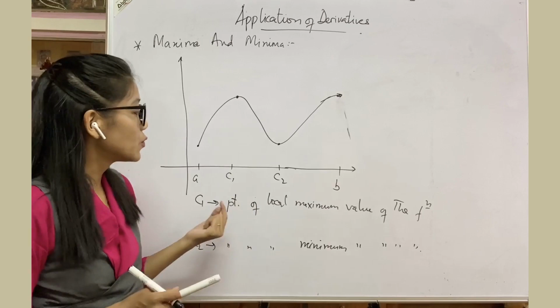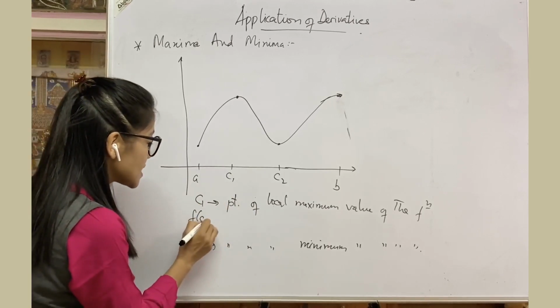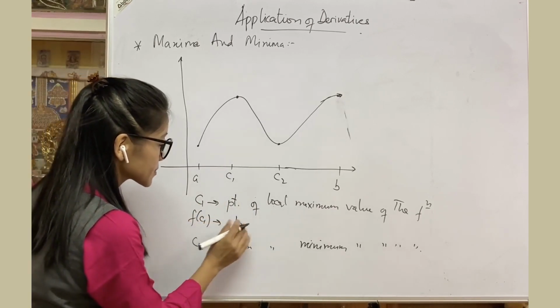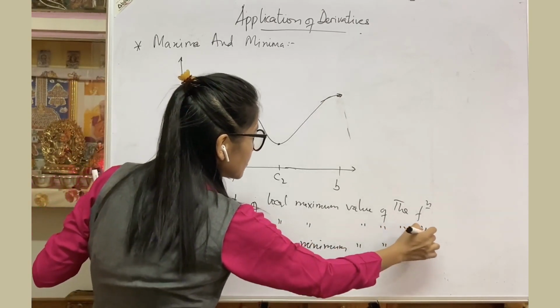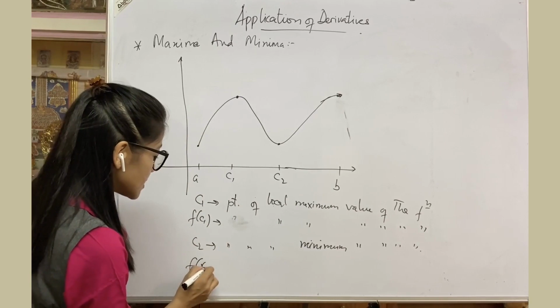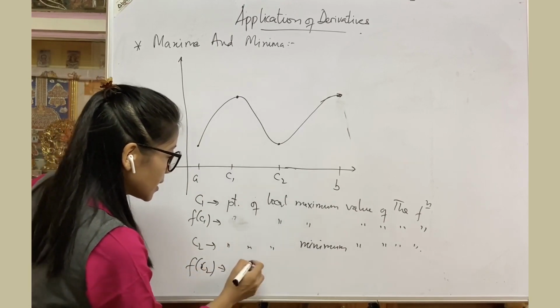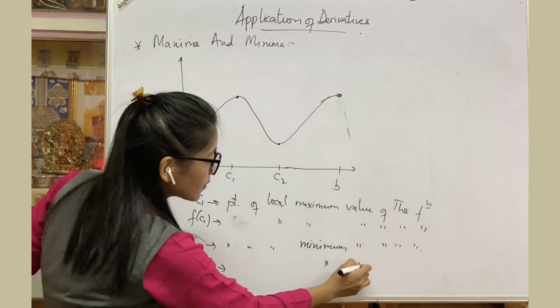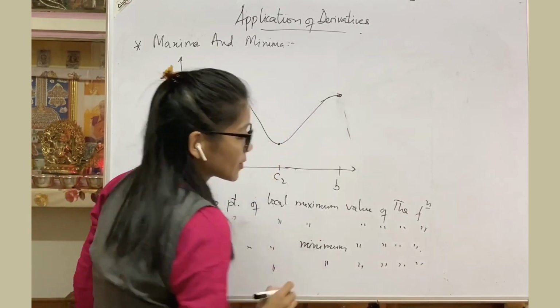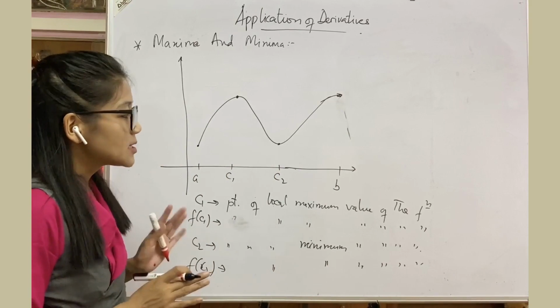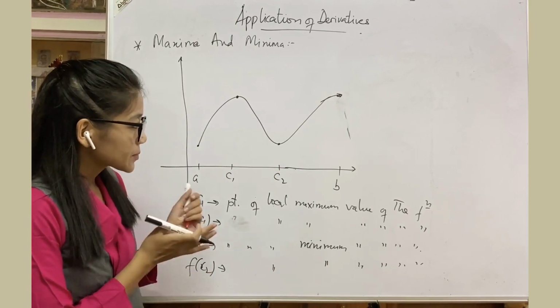Therefore we say that f of C1 is the local maximum value of the function, and f of C2 is the local minimum value of the function. This is one thing you can observe.